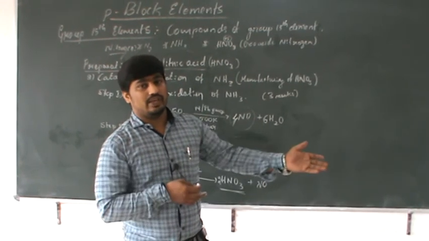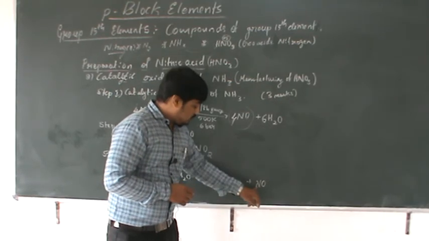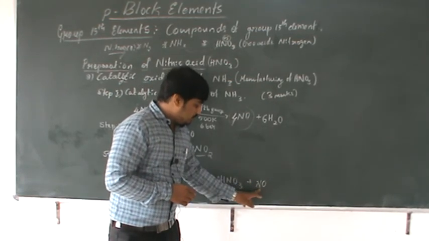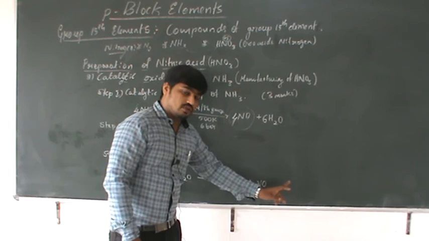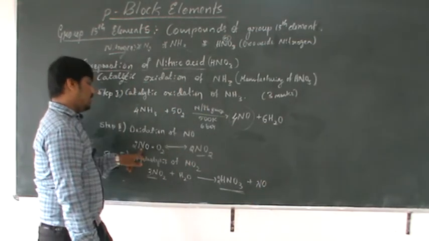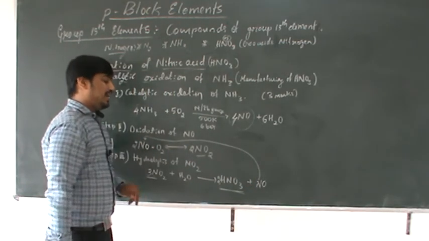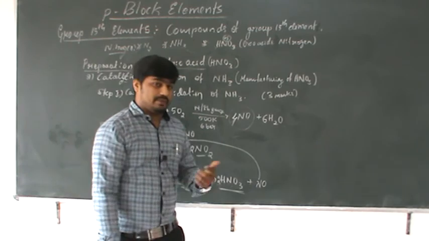It is dangerous to the environment. Therefore, there is a process of extraction of the nitrogen monoxide produced during the reaction, and that is utilized again for the second step.